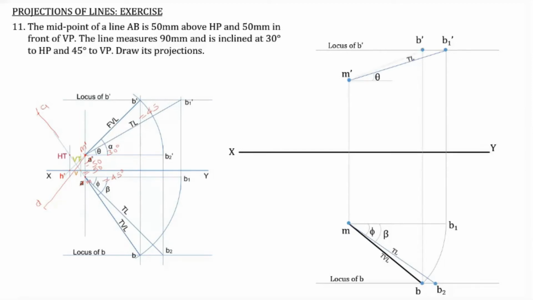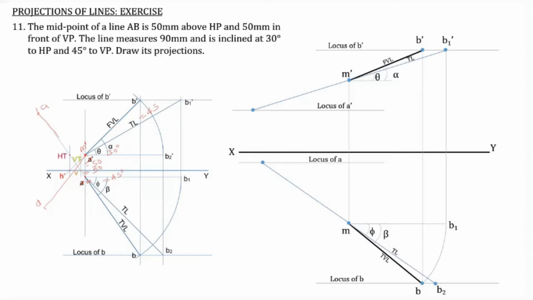Now extend the line M dash B1 dash to the opposite side so that you will get the point A1 dash. Likewise, extend the line MB2 towards the opposite side so that you will get the point A2, and the locus of A dash as well as the locus of A can also be obtained.